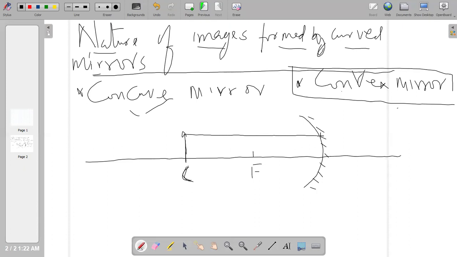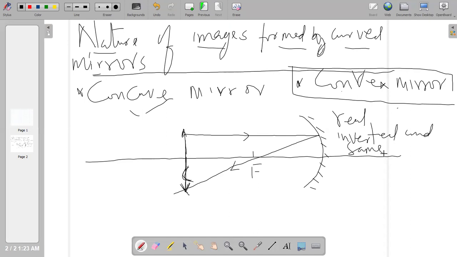Remember, rays parallel and close to the principal axis will converge at the principal focus after reflection, while rays through the center of curvature will go undeviated. This is where the image is formed. Remember, where the two rays meet or intersect forms the head of the image. From here, we can see that the image formed is real as well, inverted, and the same size as the object.